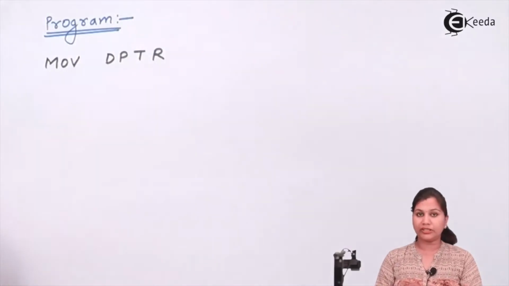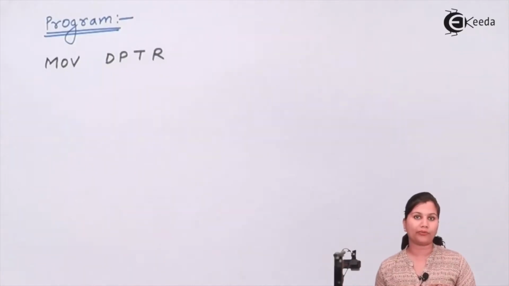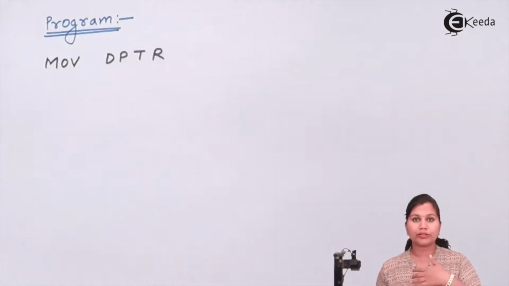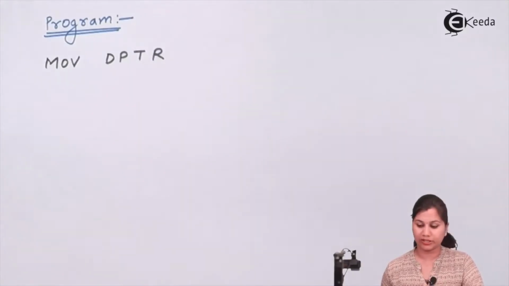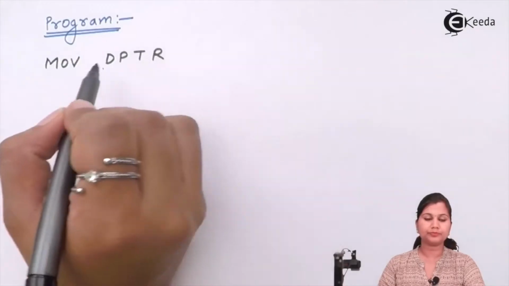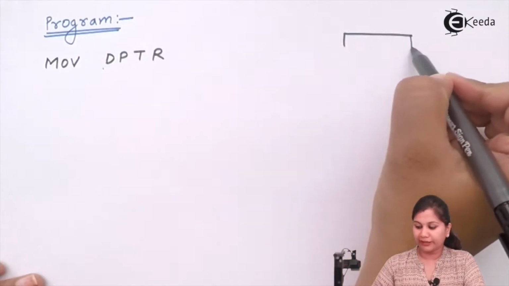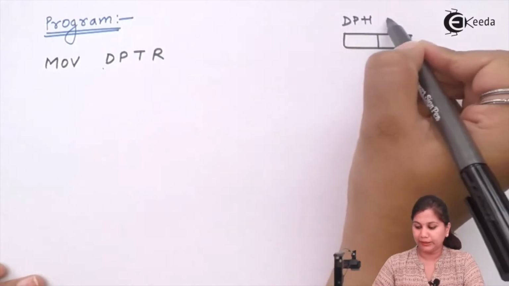now, because this 3000 memory location is present in the external memory of the 8051 microcontroller, to point to the external memory we have a data pointer register. This is a 16-bit register which is called the DPTR. This 16-bit register is divided into two 8-bit registers, DPH and DPL.